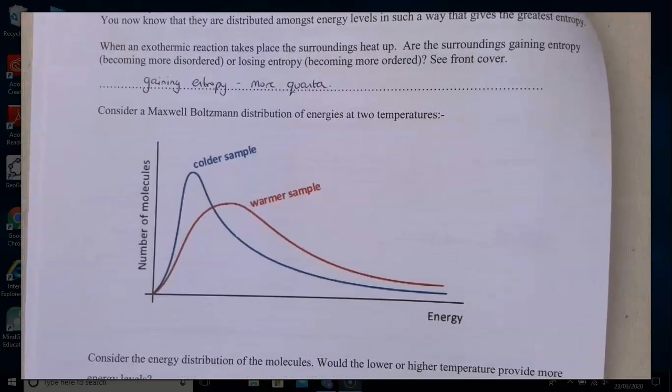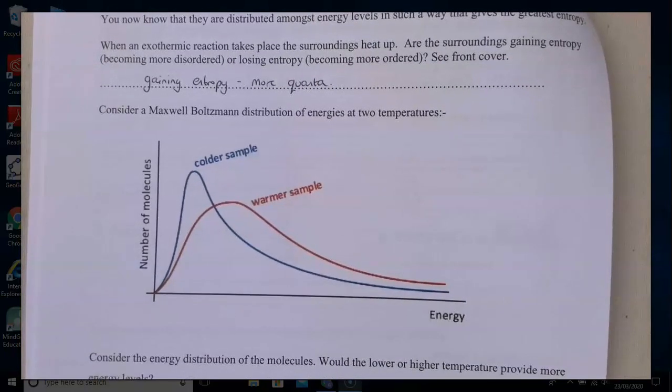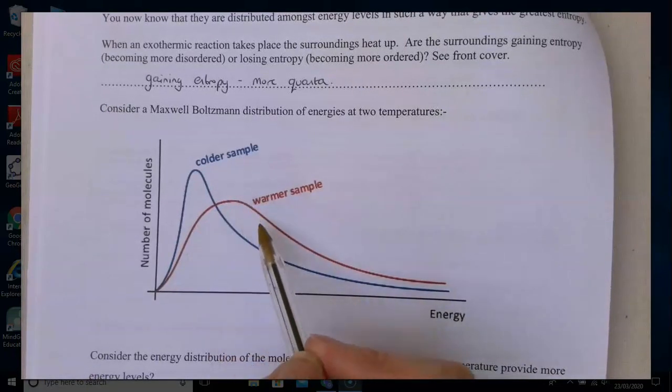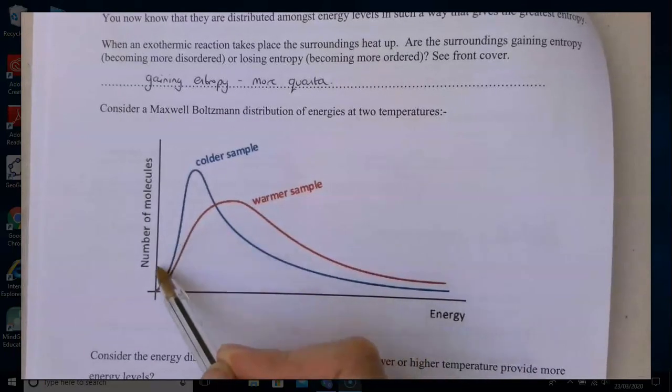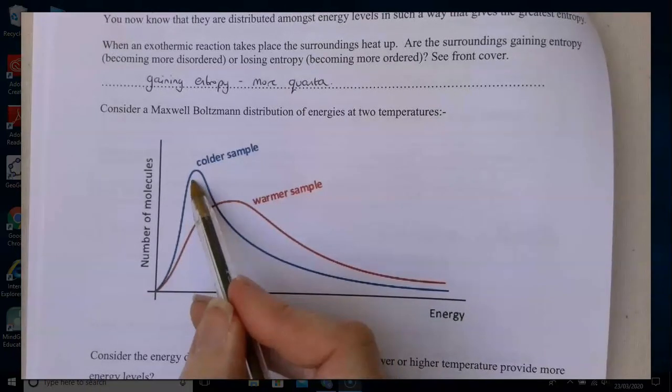Now you might have seen this Maxwell-Boltzmann distribution at GCSE. You're certainly going to study it more at A level. So we're going to study this in more detail when we come to the kinetics pack. But for the moment, we just need to know generally that a warmer sample has a bigger spread of energies than a cold sample. You can see that here, this peak here is much higher, but it's also much further to the left.